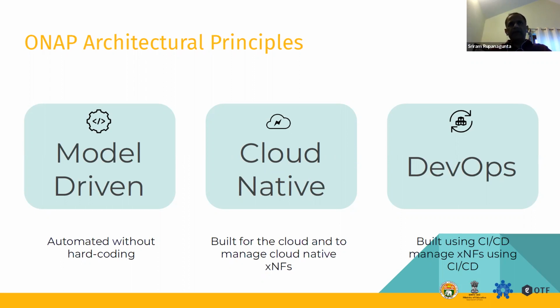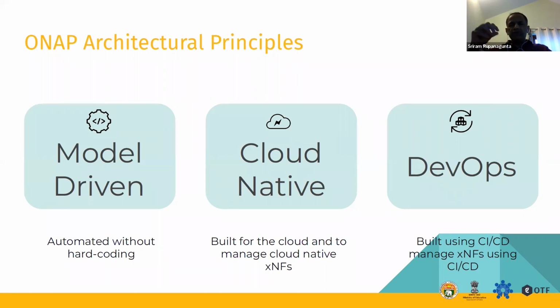The second aspect is cloud native. ONAP is completely built from the ground up using cloud native architecture. It's all containerized. All the components of ONAP are containerized, and it runs on any Kubernetes infrastructure. And the last part of the ONAP architectural principles is DevOps.